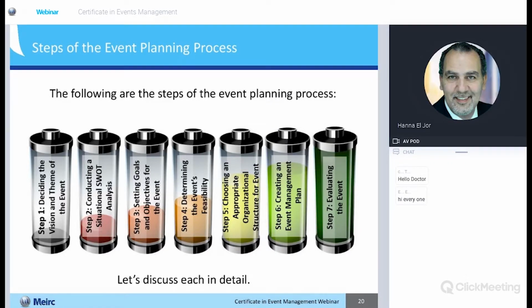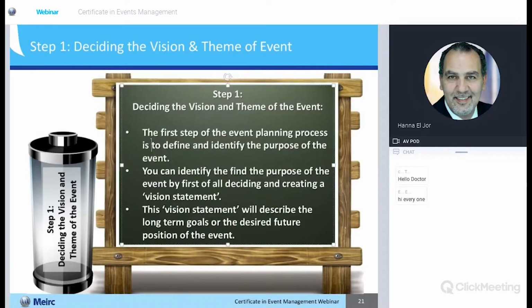Some of the steps that we need to take for the event planning process. And when we say process, that means it is systematic, step after step. We cannot skip one and move to the next step before it is done. Step one, we need to decide on the theme, as we said.